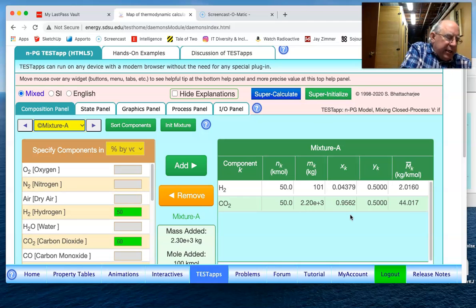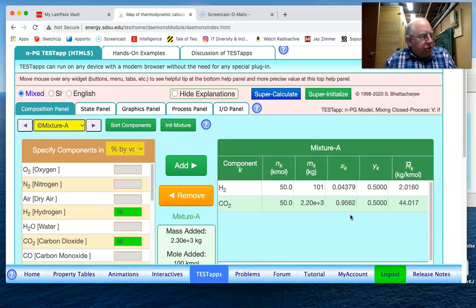But what I'm interested in here is that the hydrogen was 0.04379 on a mass basis fraction, and we know that the CO2 was the remainder, 0.9562. And so since we know the total mass and we know the mass fraction of each of the components, then we now know the actual amount of mass that is in that tank that's on the left-hand side.